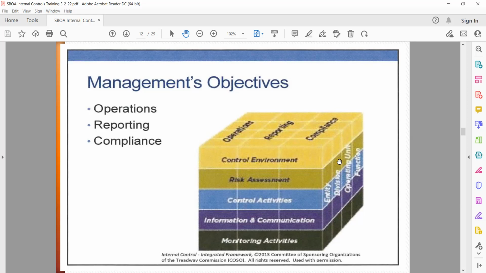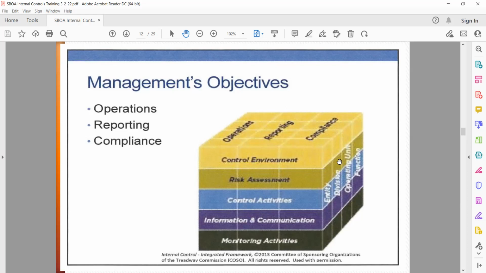Some examples of operation objectives would be the regular day-to-day duties, like ensuring monies collected are deposited and recorded in the records, that disbursements made are recorded in the records, payroll is processed timely and accurate, as well as many other operational functions.